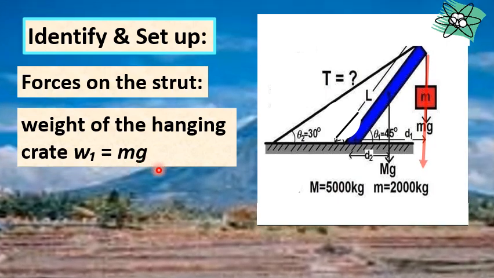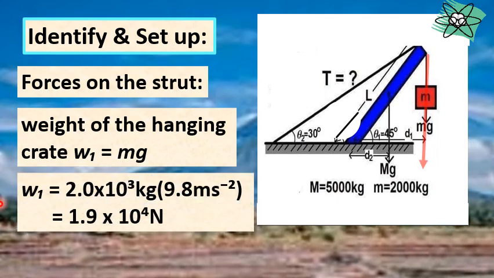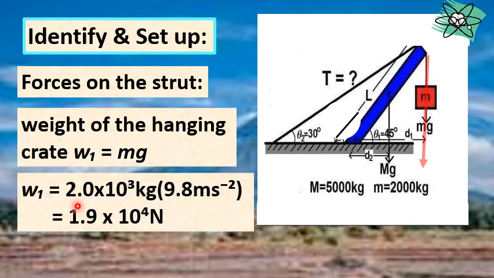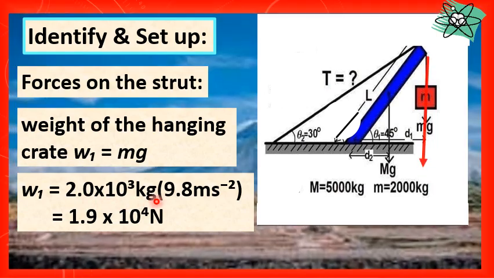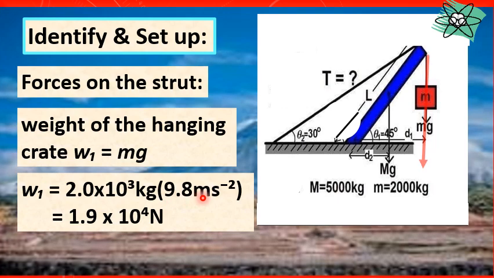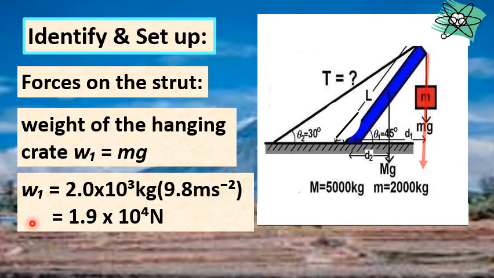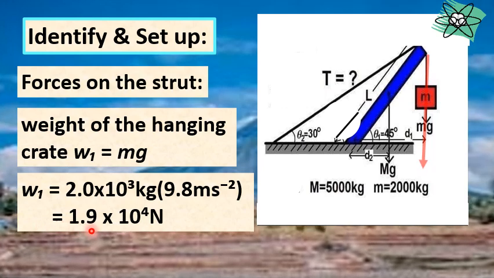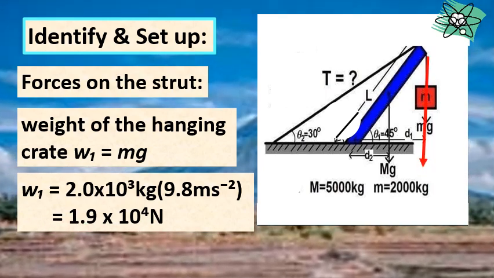That is, W sub 1 equals 2.0 times 10 to the third kilogram times 9.8 meters per second squared, or W sub 1 equals 1.9 times 10 to the fourth power Newton.